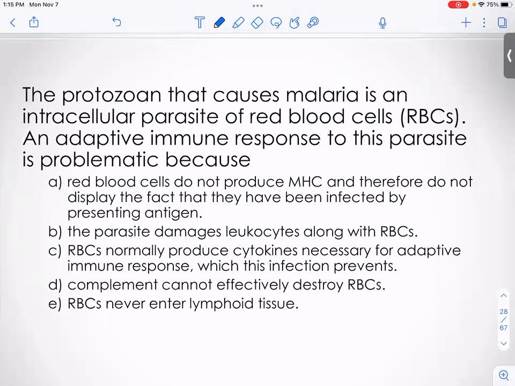They do not have MHC class 1, and therefore our B cells and our T cells don't have a way to recognize if there is an infection going on within the cell. Our antibodies are not going to do any good for a pathogen that's inside of the cell. So it's problematic. Our immune system has a hard time fighting that off.